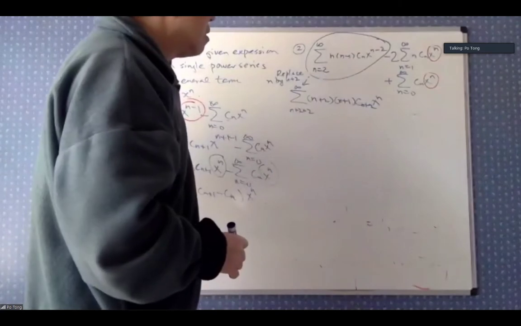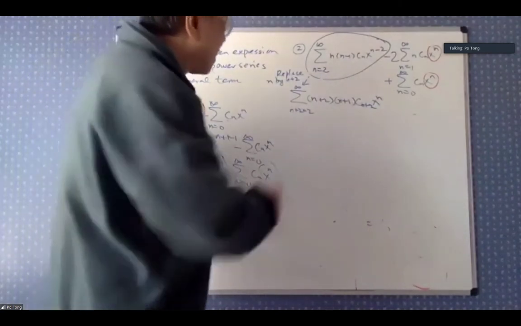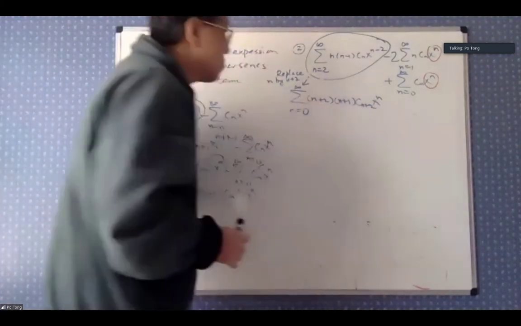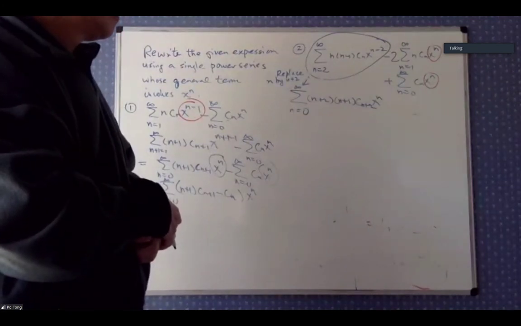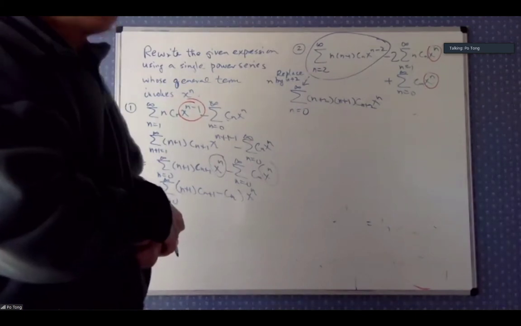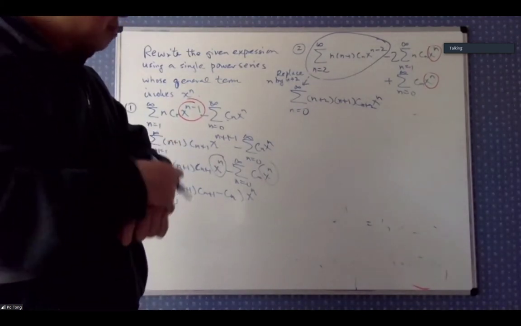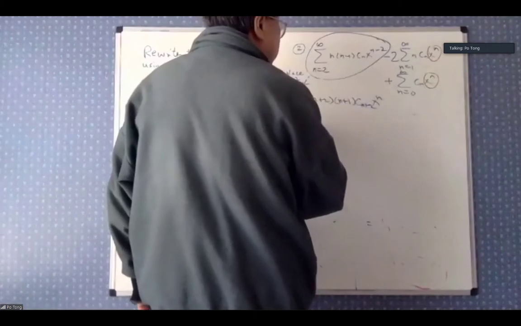Is it okay? You guys follow that? And then n plus 2 equal to 2 is the same as n equal to 0. Are we still okay? Now here, I still have to subtract this way.